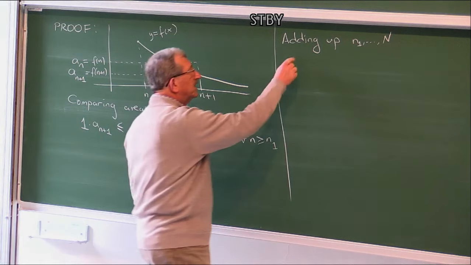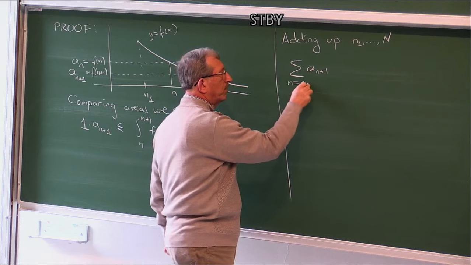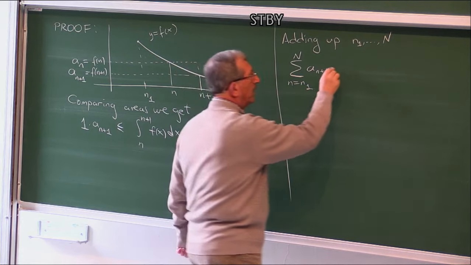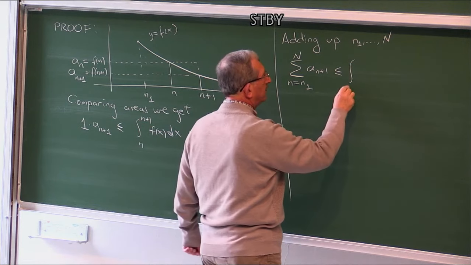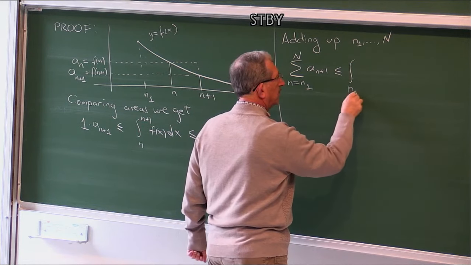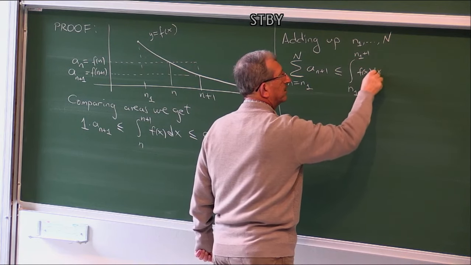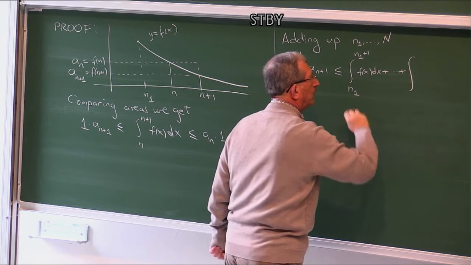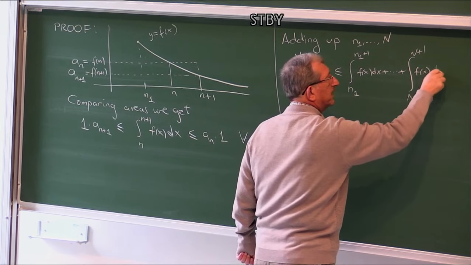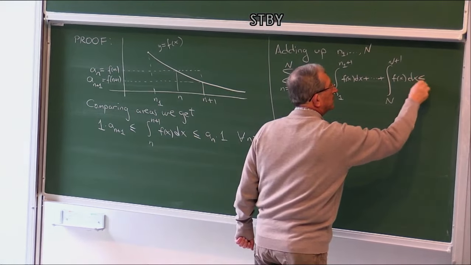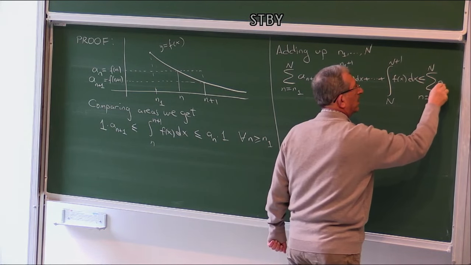That gives us the sum of a n plus 1 from n1 up to N, that would be smaller than the summation of the integrals from n1 to n1 plus 1 of f of x dx, plus up to N to N plus 1 of f of x dx, and that would be smaller than the sum from n1 to N of an.